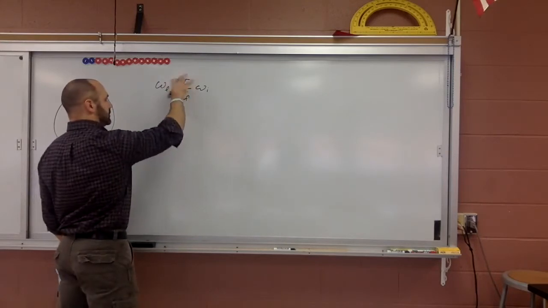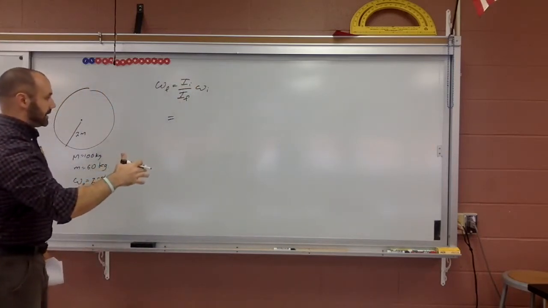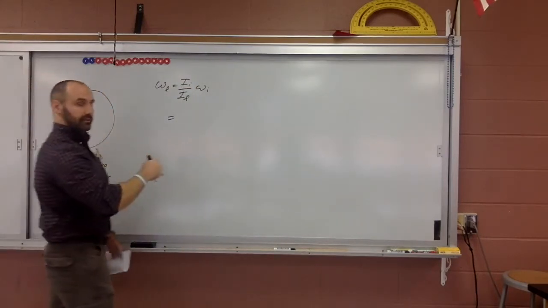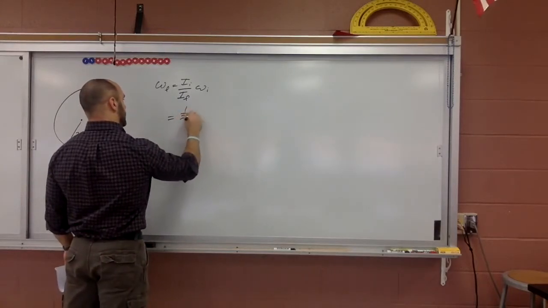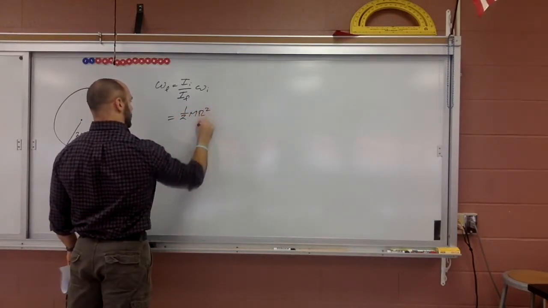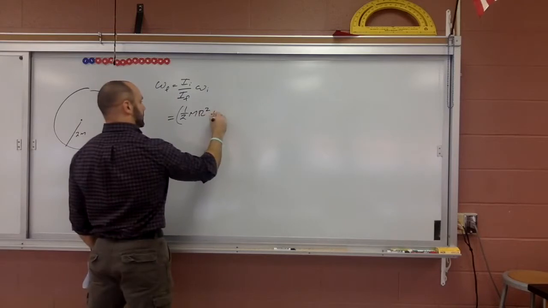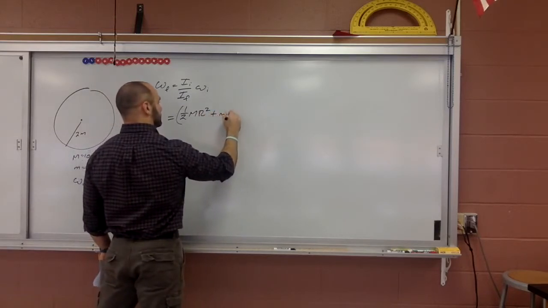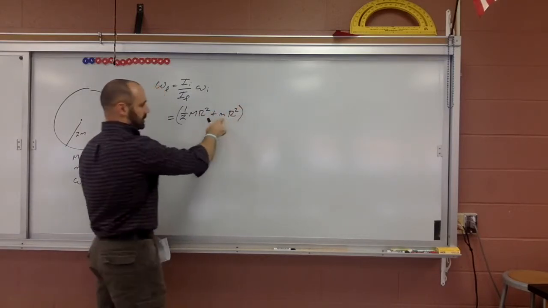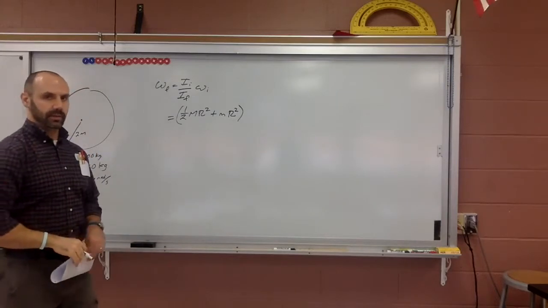So the moment of inertia in the beginning is the moment of inertia of the disk, which is 1/2 mr squared plus mr squared, because we're going to treat the student as a point mass.